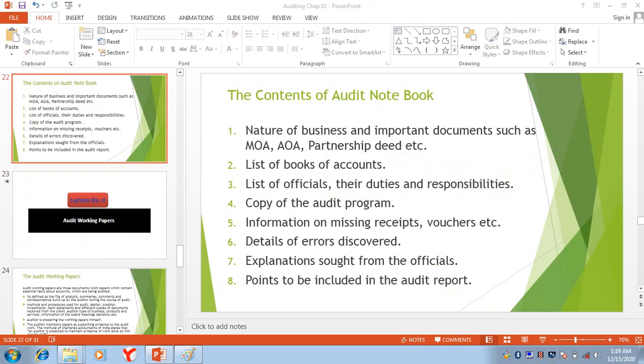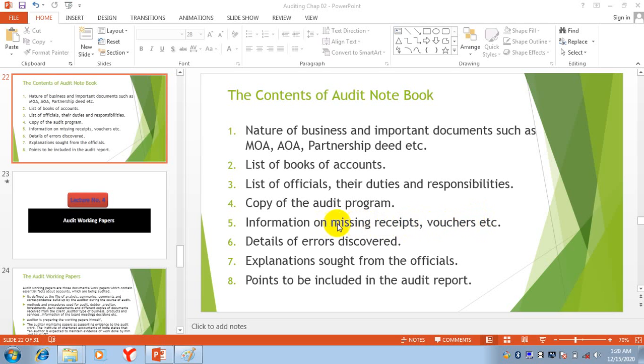Then a copy of the audit program. In the previous class we discussed the audit program, so we are also keeping a record of the audit program in this notebook. Information on missing receipts, vouchers, etc. If something is missing, we record in the notebook that this receipt is missing, this voucher is missing.